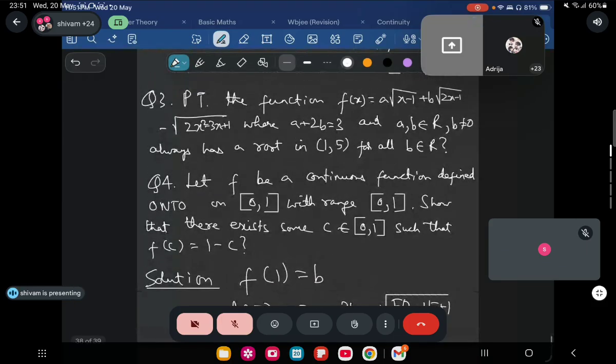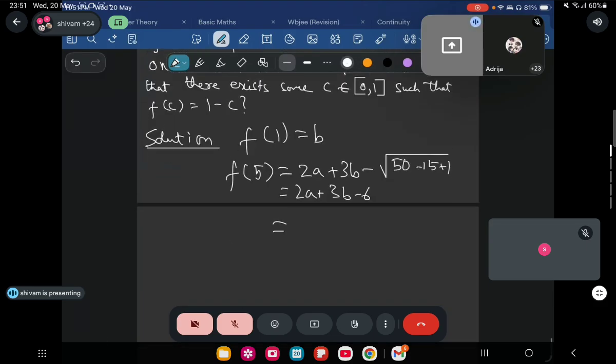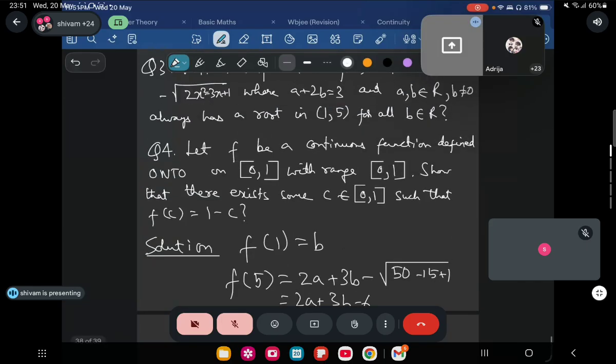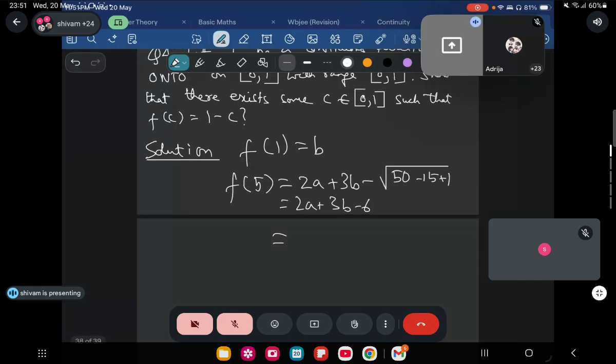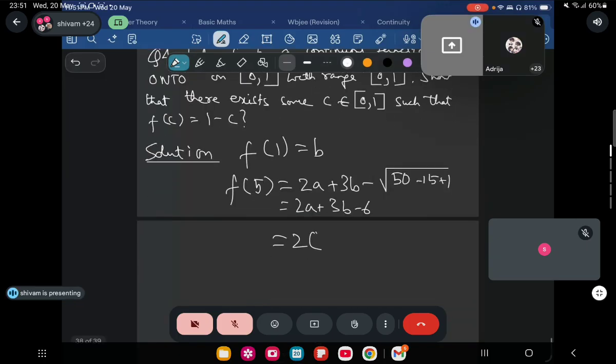Okay, it is asking us that a plus 2b equal to 3. So we can do something about it. We can substitute a equal to 3 minus 2b. So it will become 2 into 3 minus 2b plus 3b minus 6.